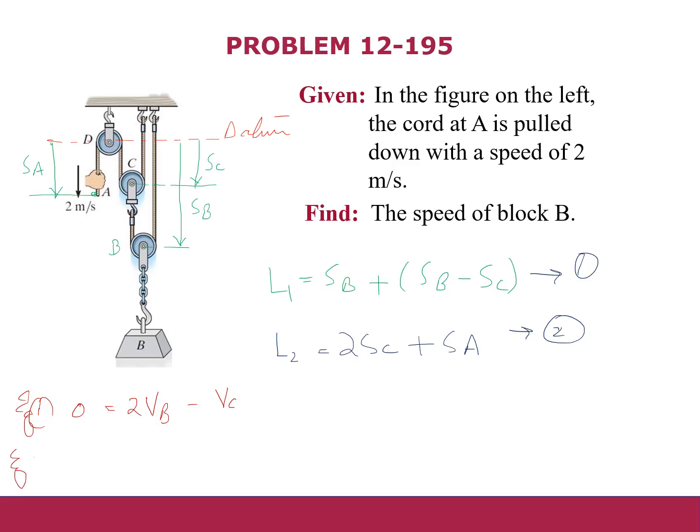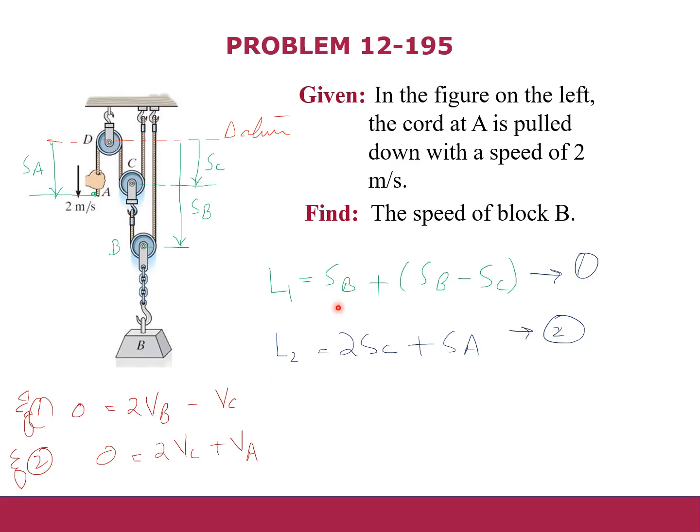And equation 2 becomes 0 is equal to 2VC plus VA, right? So you have these equations and you have to calculate the speed of the block B.